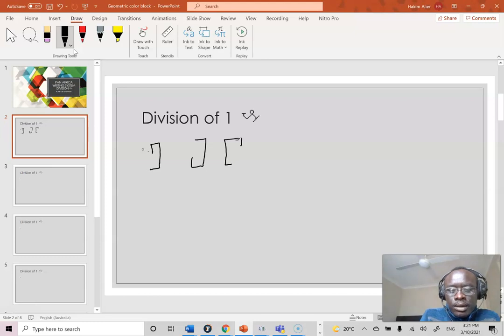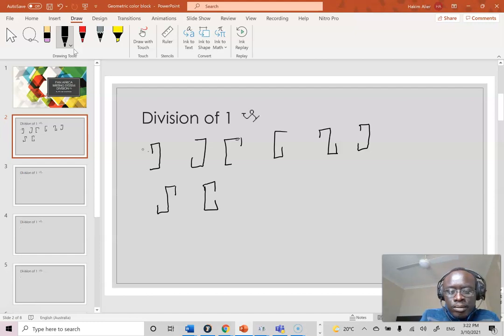Number 4 is this way. Number 5 is this way. Number 6 is this way. Number 7, as you know very well, is this way. Number 8 is also that way.